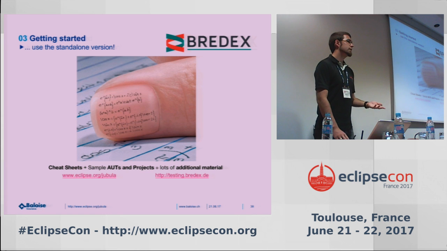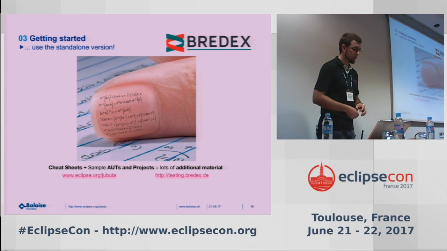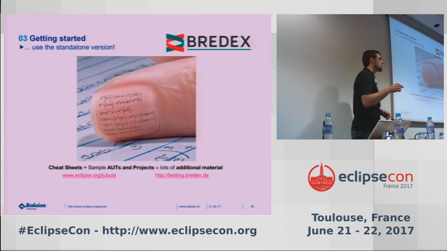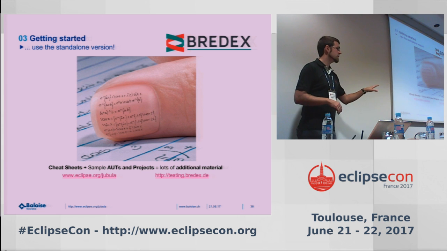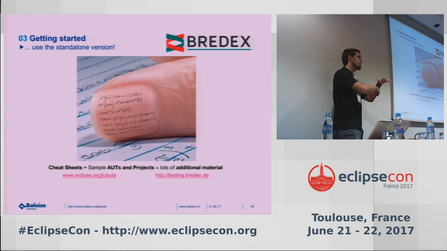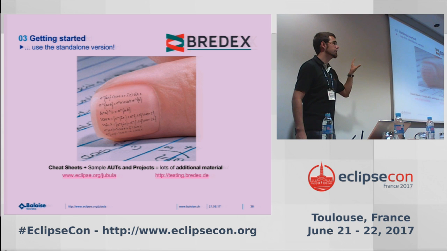If you now want to get started, I would recommend to use what we call the standalone version. We are an Eclipse project, and you get basically the ITE and all of the API from Eclipse and the repositories. Also, we are participating, I think, since 6 years in the release train.